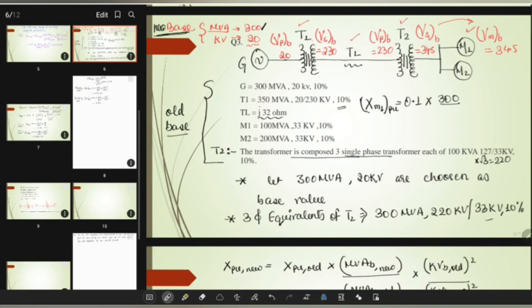That will be same for all. What is the old MVA value? That is 100 into what is old kV value? That is 33 square divided by what is new kV value? That is 34.5. So this will give you 0.274 per unit.